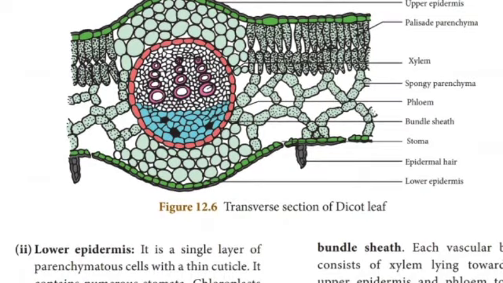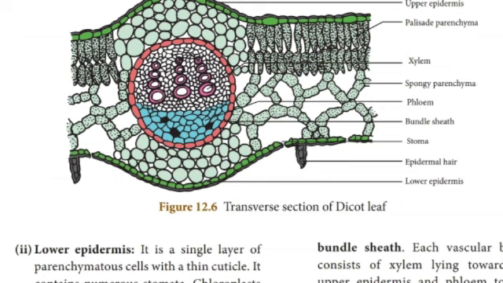Here the cambium is absent, so it is called closed. Next, each vascular bundle is surrounded by a sheath of parenchymatous cells called bundle sheath. Some parenchymatous cells are present around the vascular bundle, and we call this the bundle sheath.